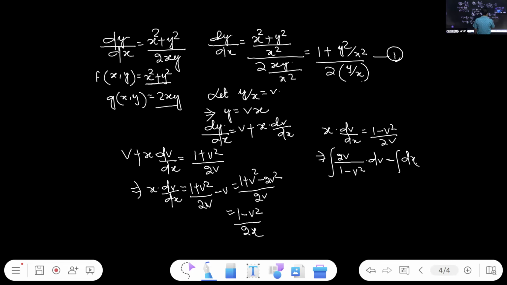So if you substitute 1 minus b square is equal to z, 2b db will be minus dz. Minus dz upon z is minus ln z. So minus ln of 1 minus b square is equal to ln x plus, since both the functions are in the form of log, we should add the arbitrary constant in terms of log, ln c.